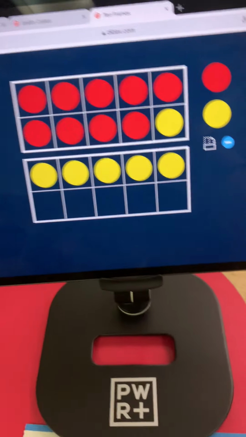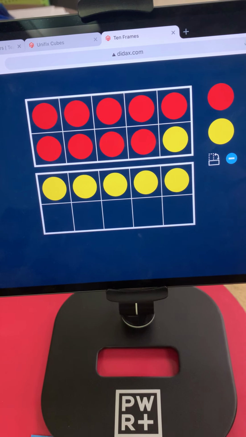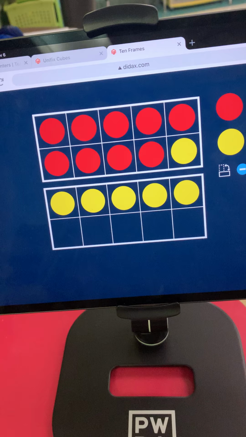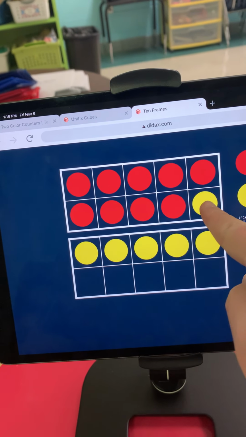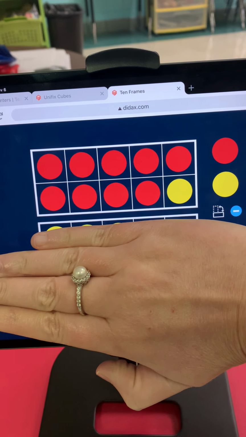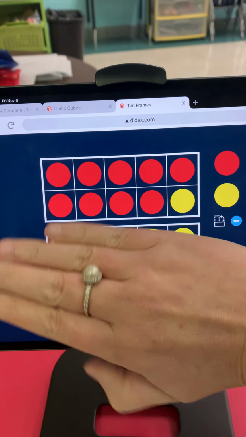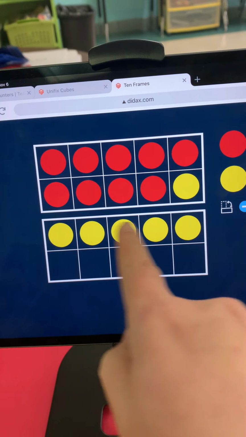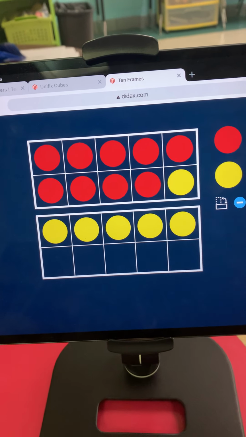So our question was, how many more yellow counters does Austin need to make 15? So we had 9 red, he added 1 yellow. Okay, so that's all we had. And it wanted to know how many more yellow did we need to get 15. So we counted up to 15, and that gave us 5. So he needed 5 more yellow counters.